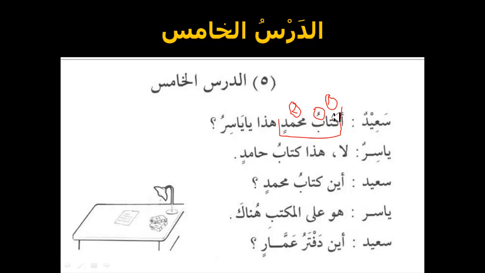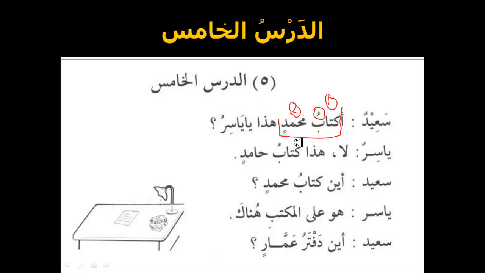Now you can understand that that's a possessive, called an idafa construction, because it's joining 2 words to show possession. Kitab is called the mudaf, and Muhammad is called the mudaf ilay. It always comes after the mudaf. Mudaf is the possessed object, and the mudaf ilay is the possessor. In this case, Muhammad's book.